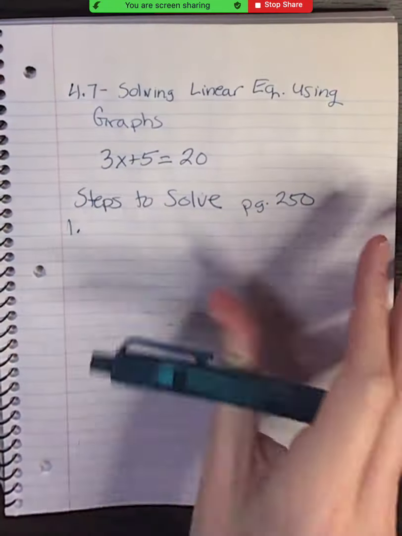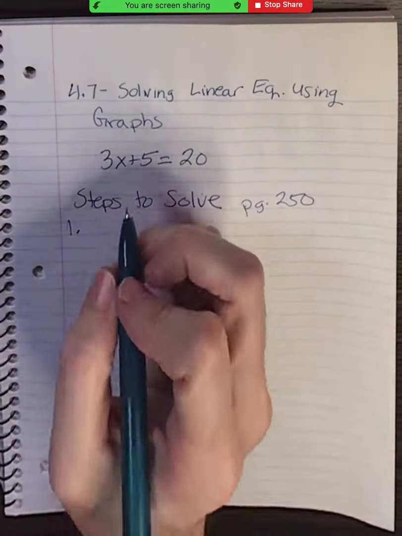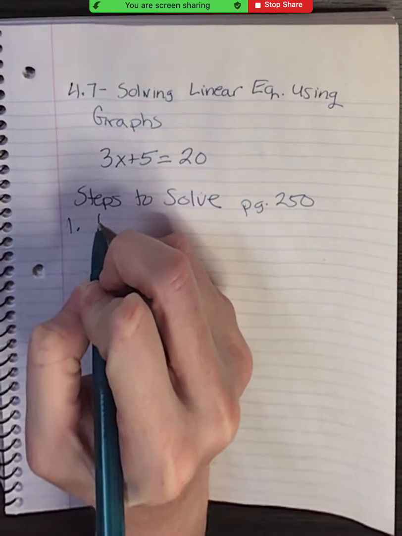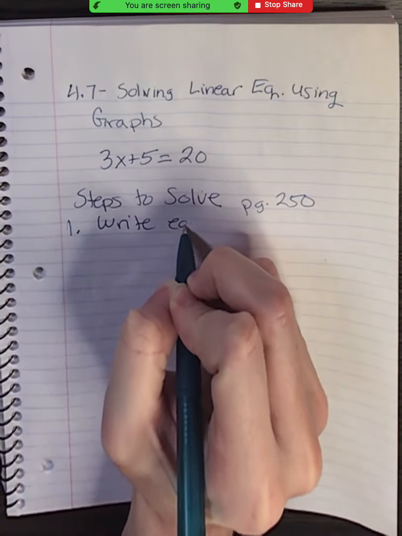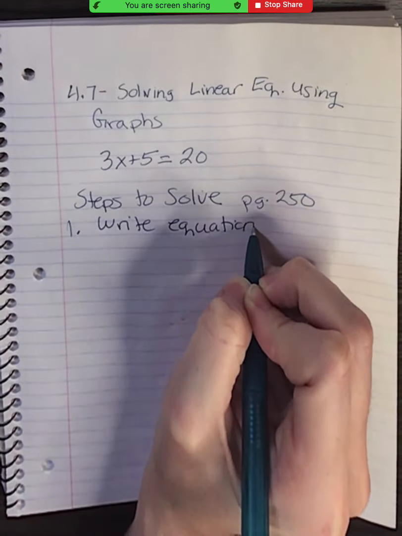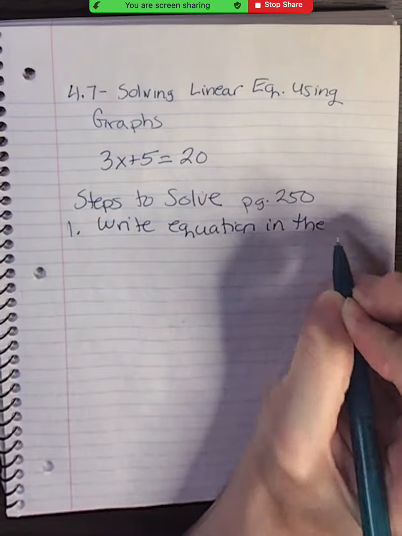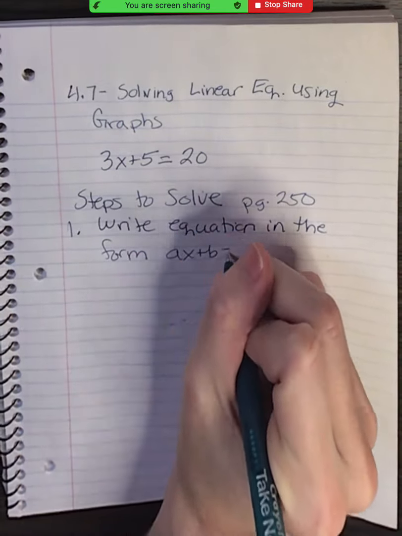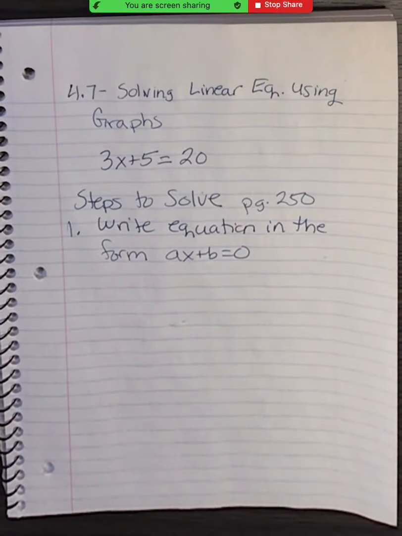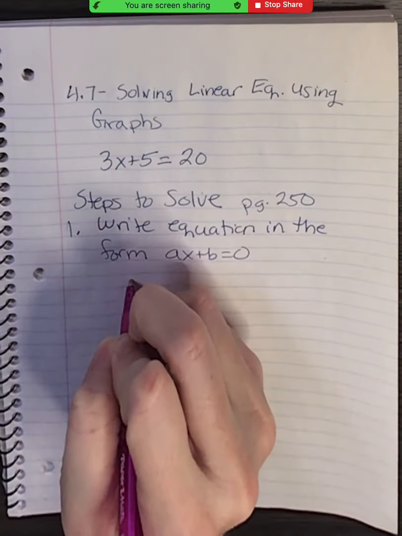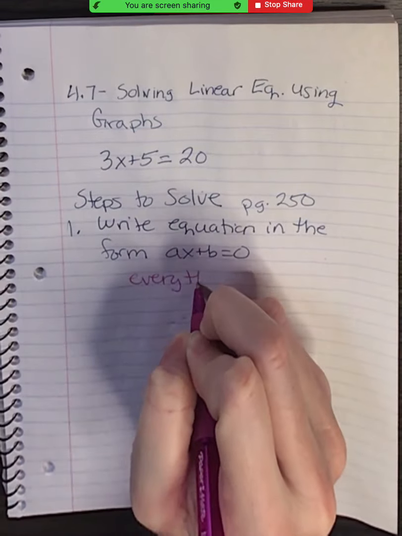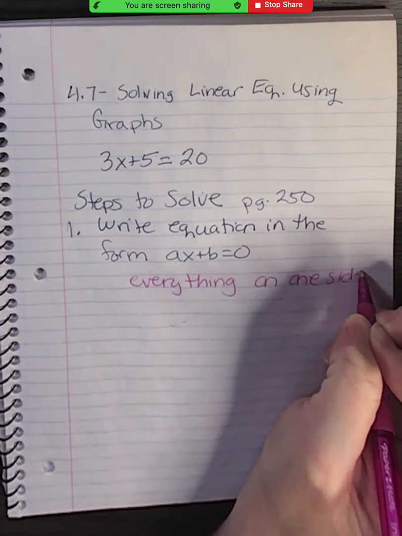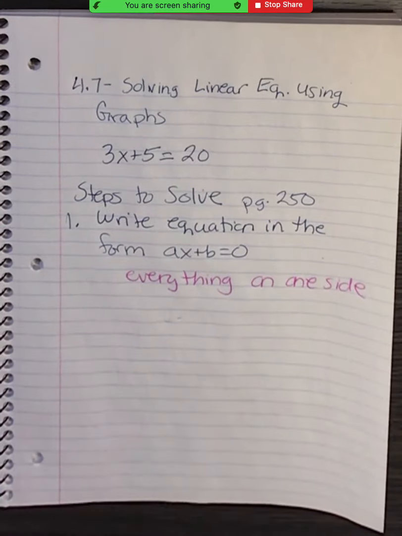Okay, our general steps to solve are first write it so that it's equal to 0. Right, that's what that means. We're putting everything on one side of the equal sign.